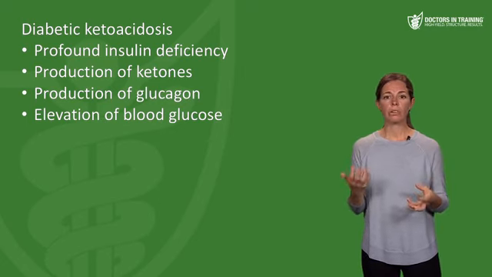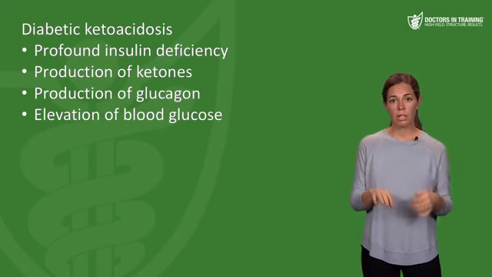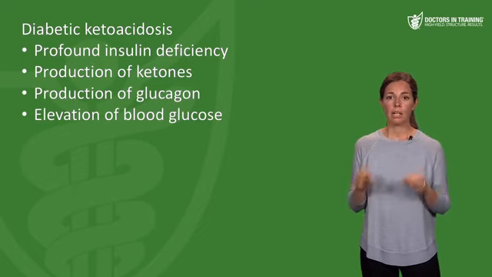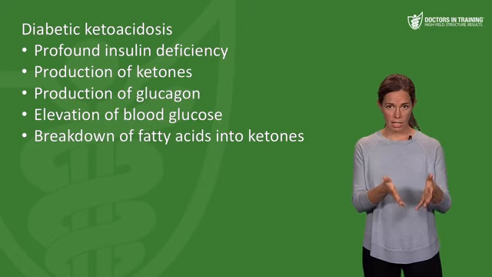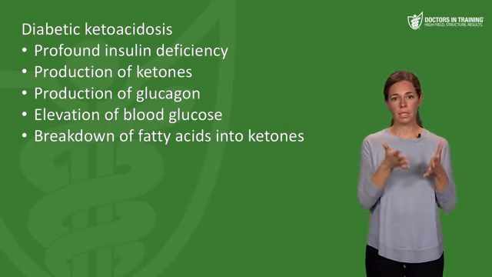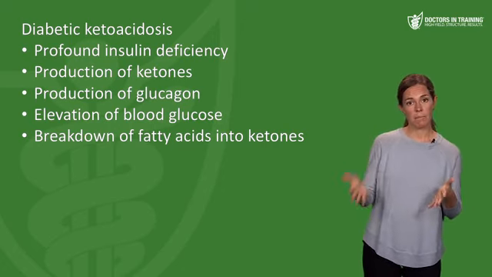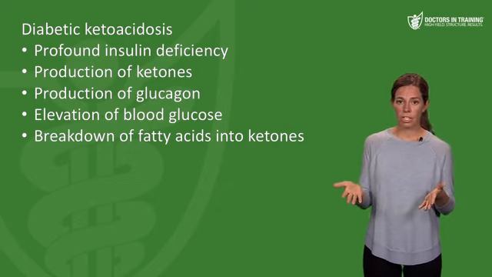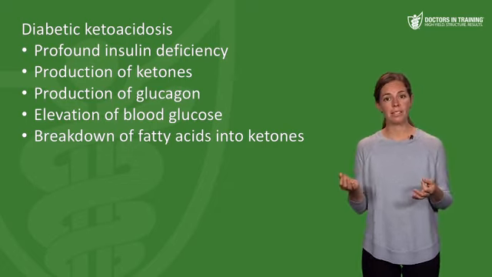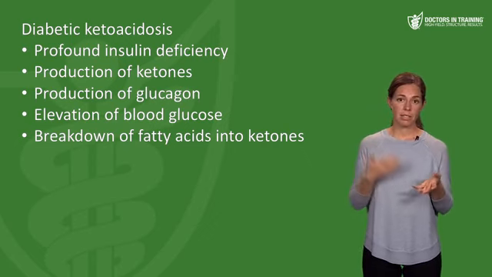That glucose load causes excessive polyuria, which leads to dehydration, and additionally, the glucagon is facilitating the breakdown of fatty acids into ketones, like acetoacetic acid and beta-hydroxybutyric acid.